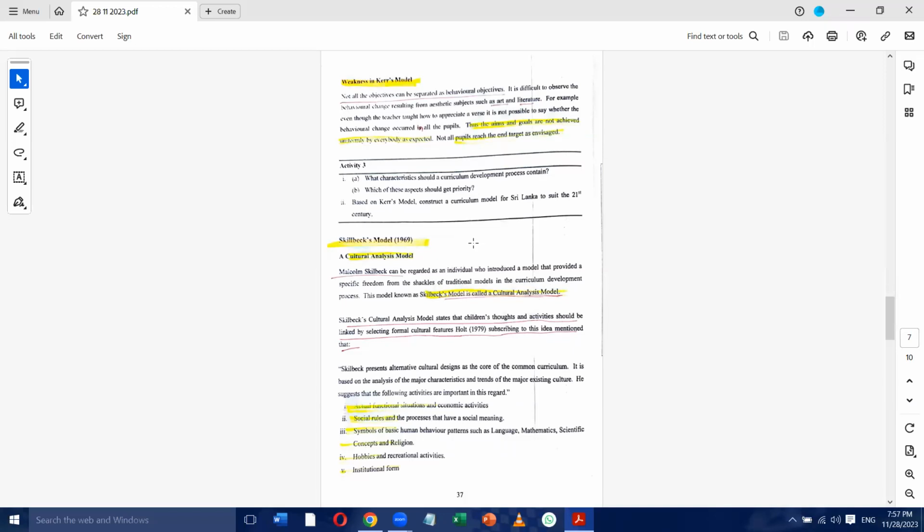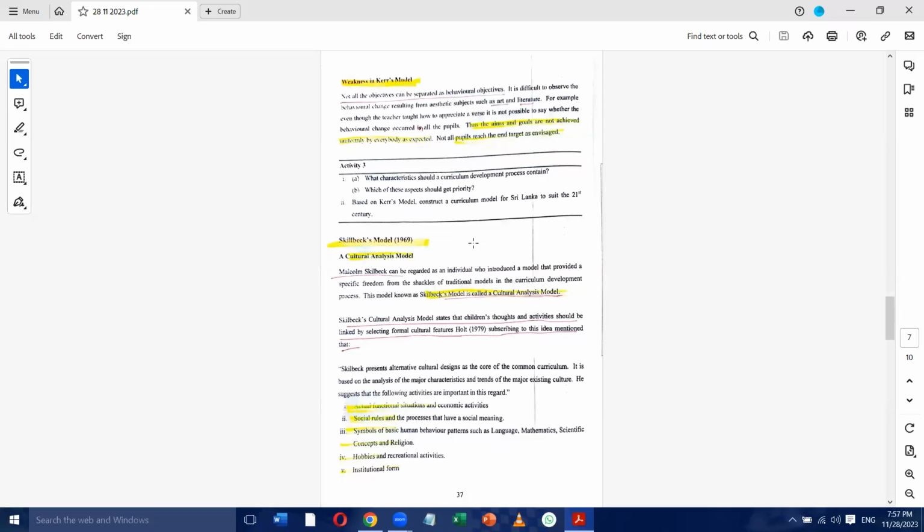Then the social rules and the process that have a social meaning. Then symbols of basic human behavior patterns, such as the language, mathematics, scientific concepts, and religion that we were talking about, the ethnicity where we live, and the ethics and the values of the societies.